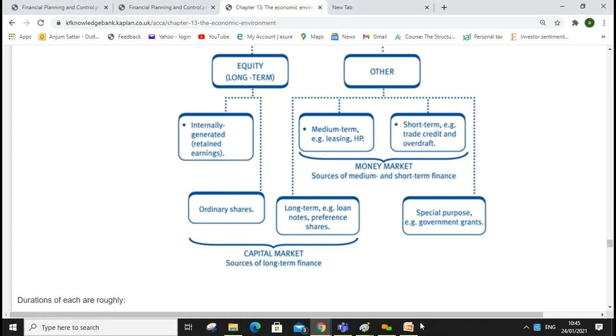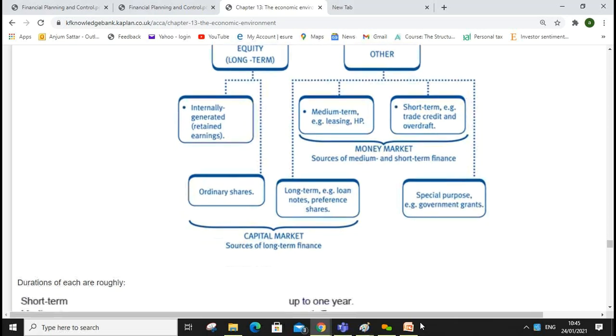We can issue equities, which is external shares, and that's the capital market. Then others: short term and medium term, hire purchase and leasing, trade creditors, overdraft, are known as money markets. The money market is a source of medium and short term finance.